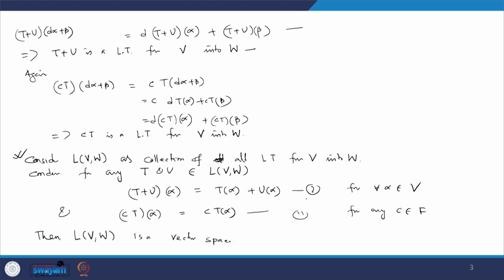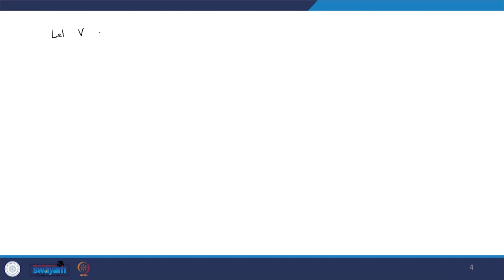Let me see, can I give some dimension for L(V, W)? Let V and W be two finite dimensional vector spaces defined over the field F. Let dimension of V be n and dimension of W be m.